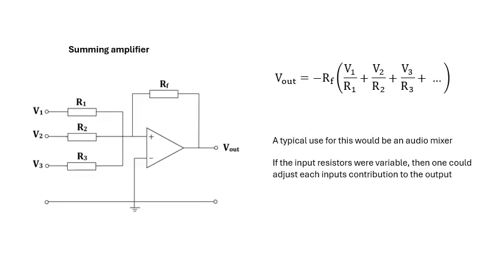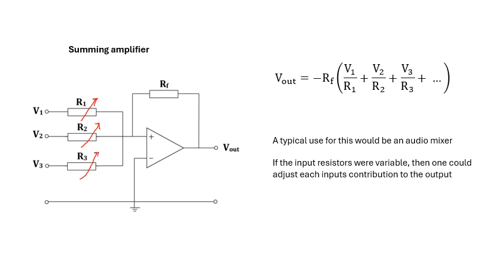This is a summing amplifier, and basically it adds together V1, V2 and V3. So V out is, and there's the equation, notice it's inverting. V out is that. And if you have these as variable resistors, then you can change the amount that they contribute to V out.